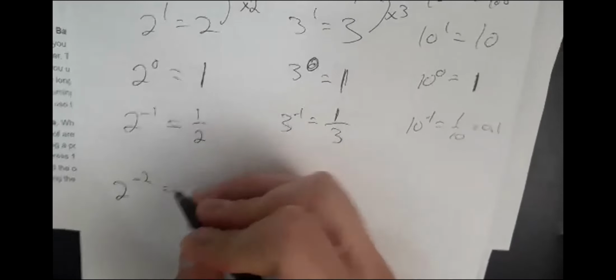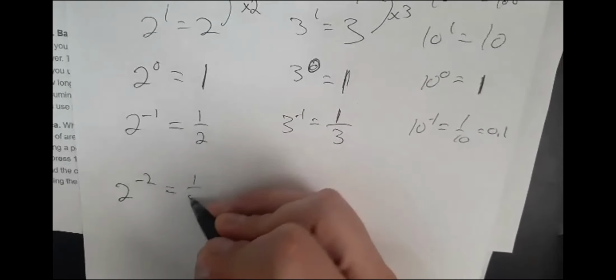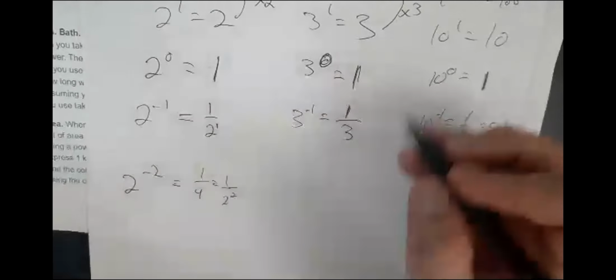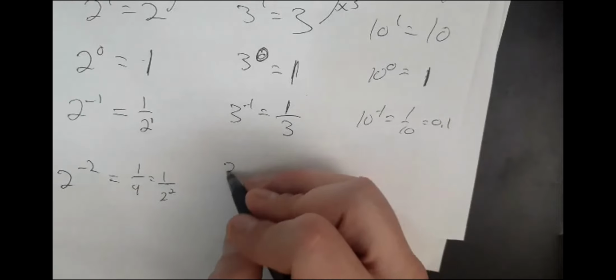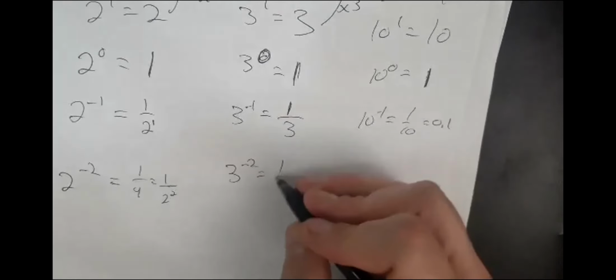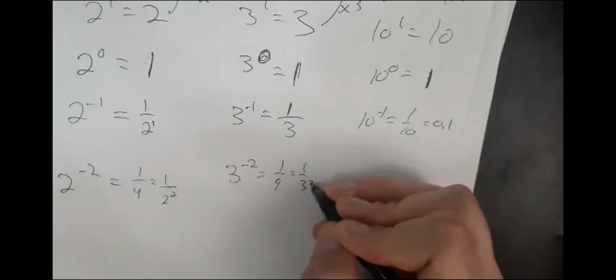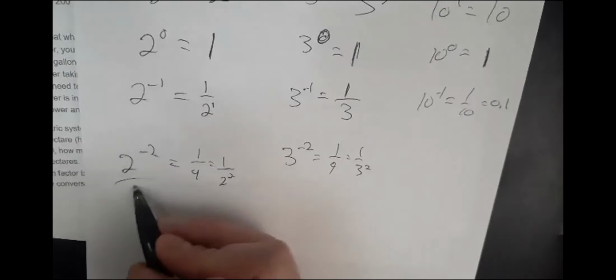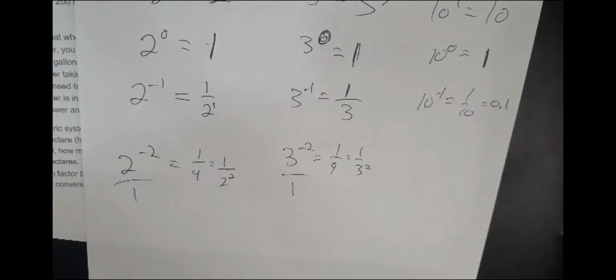And if we do it again, a half of a half is a fourth, which is 1 over 2 squared. Same thing here, we're going to end up with a 9th, which is 1 over 3 squared. So one way that we do exponents is we flip them and make them positive.